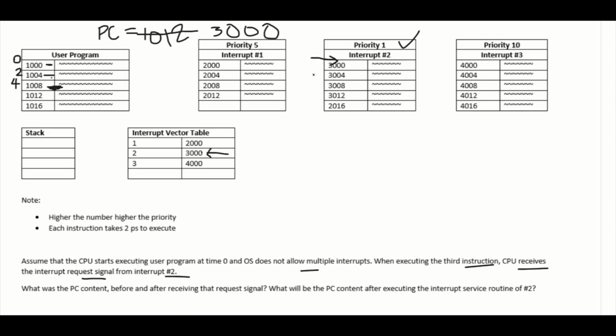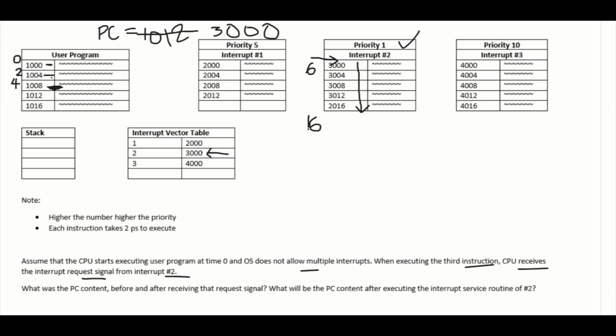Then at time 6, it starts the interrupt service routine and continues to execute it. There are 5 instructions. At 8 it starts the second one, then 10, 12, 14. At time 16, it finishes the execution.